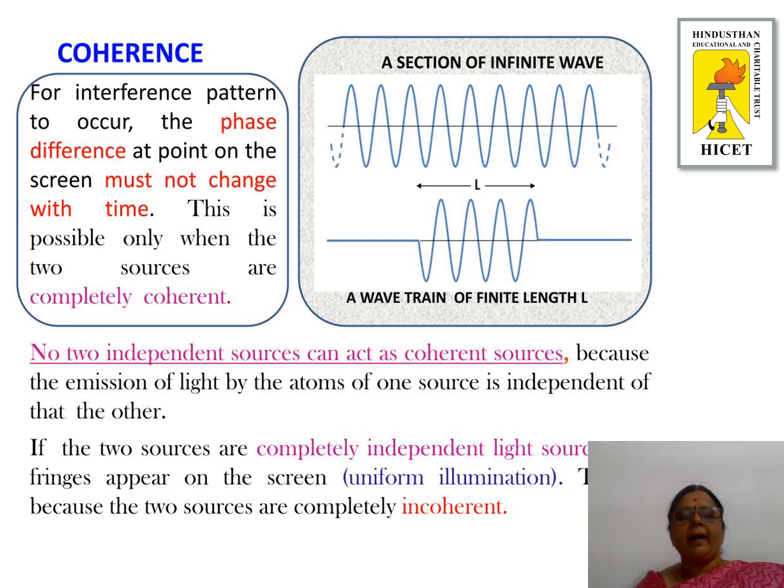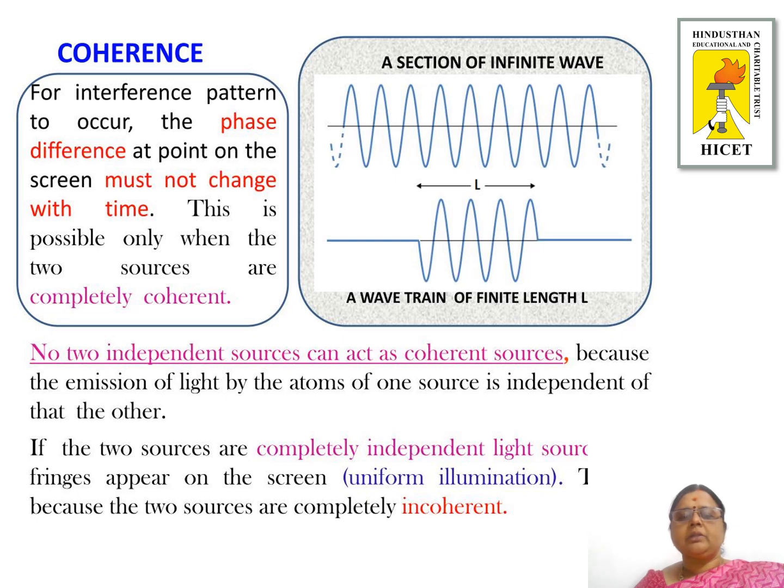For an interference pattern to occur, the phase difference at a point on the screen must not change with time. This is possible only when the two sources are completely coherent. The figure shows a section of an infinite wave and a wave train of finite length.